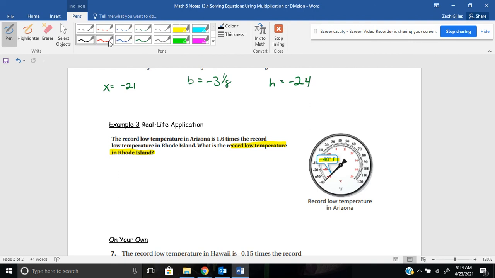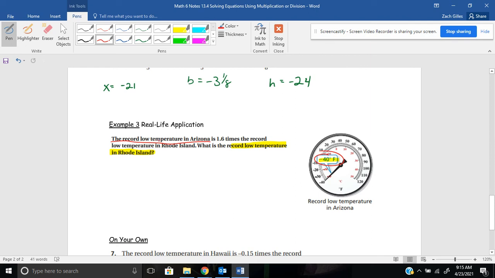Okay, I'm going to try to color coordinate here. First, it says the record low temperature in Arizona. Okay, well, do I know the record low temperature in Arizona? Yeah, the record low in Arizona, judging on this thermometer, it tells us that it's negative 40 degrees Fahrenheit.